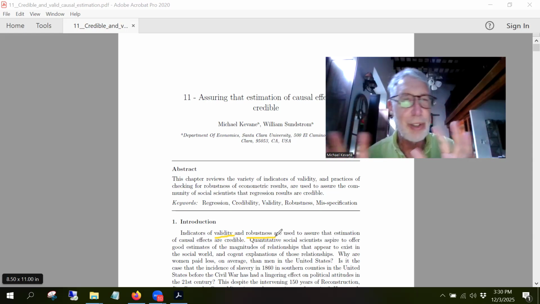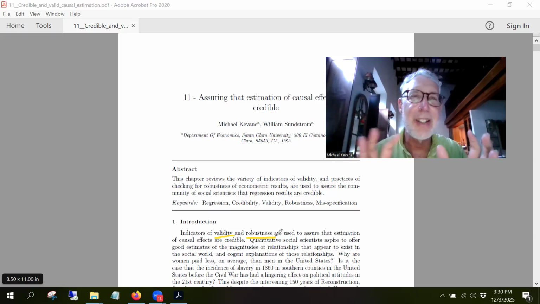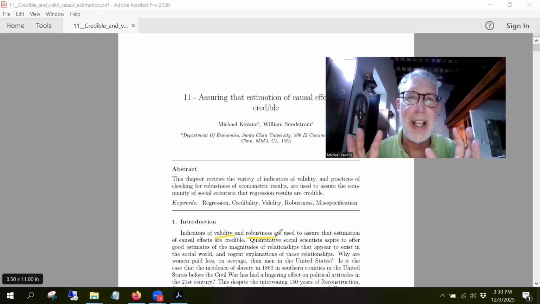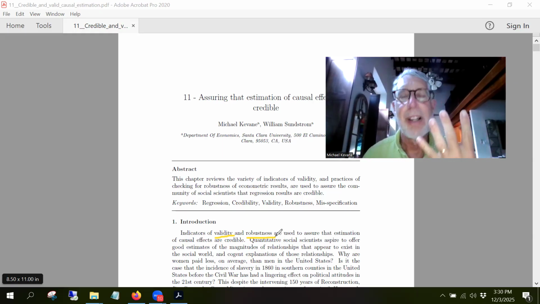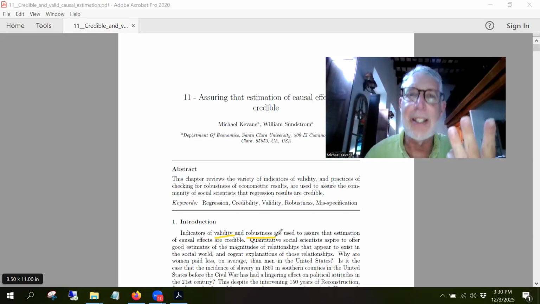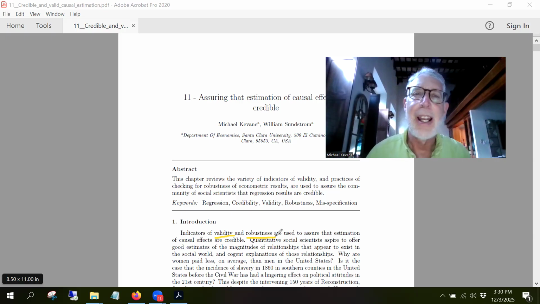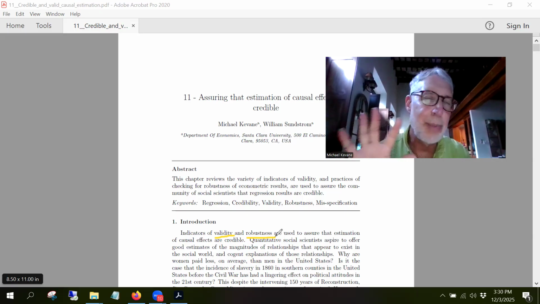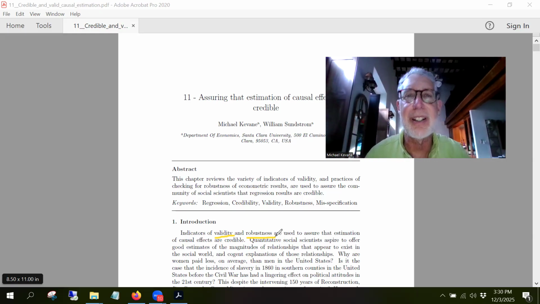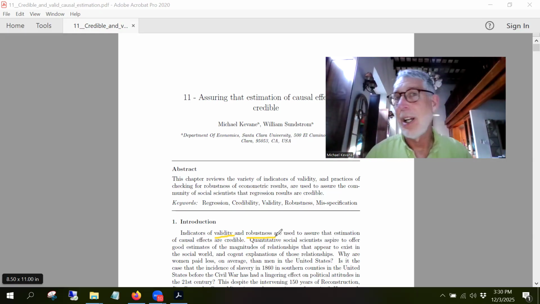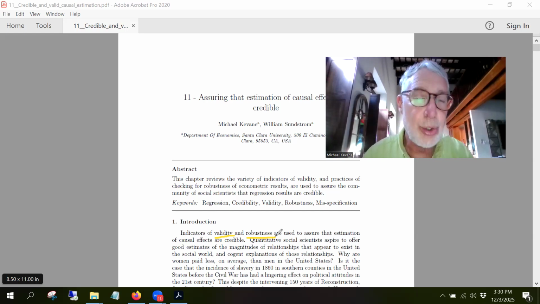The wording here isn't all clear. These words are not used exactly. There's not precision in the use, but validity issues we'll usually think of as meaning those four that we've talked about: omitted variable bias, sample selection bias, simultaneous or reverse causality, and measurement error. And then we'll think of robustness issues as being these other broader specification issues, where robustness is also about external validity.